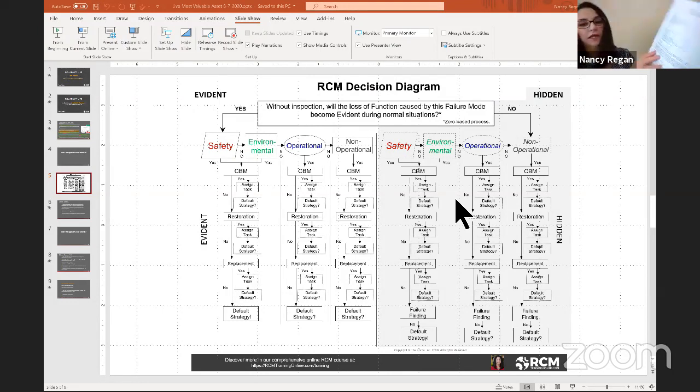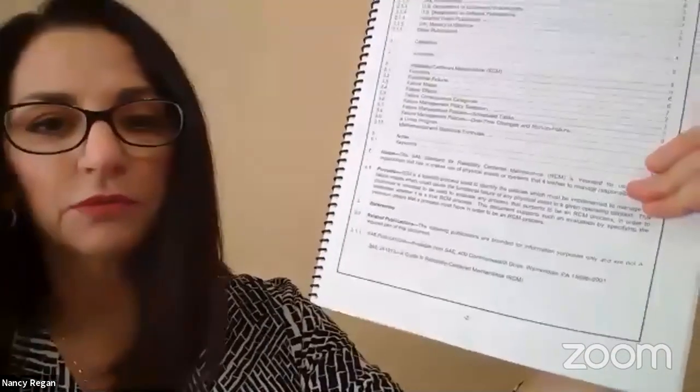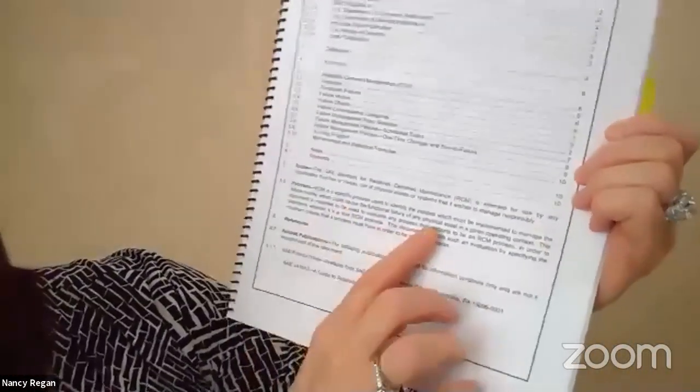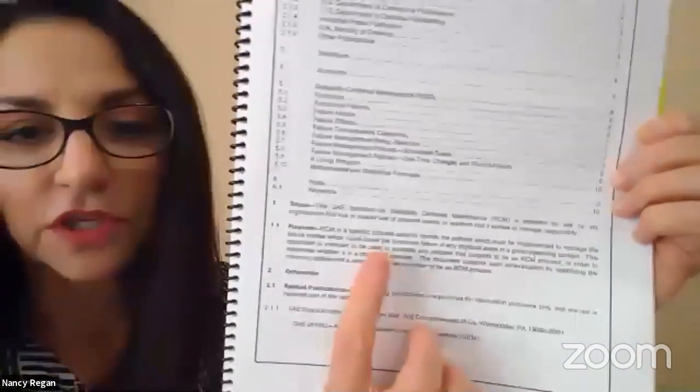It's in the table of contents. I'm going to stop sharing. It talks about RCM as a specific process used to identify the policies which must be implemented to manage the failure modes which could cause the functional failure, blah, blah, blah. So there's the definition. It's in the table of contents, 1.1.